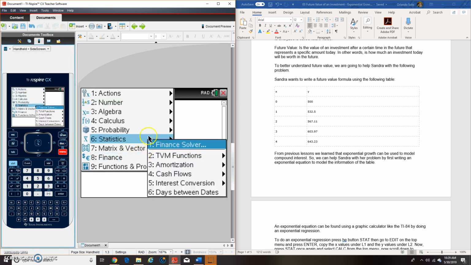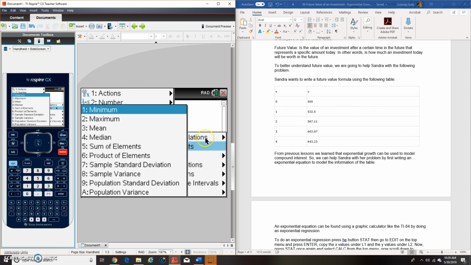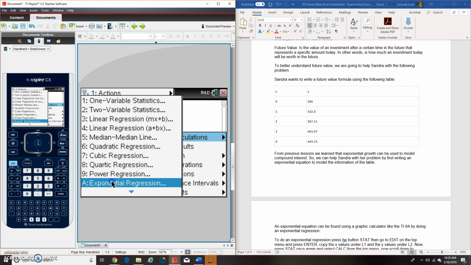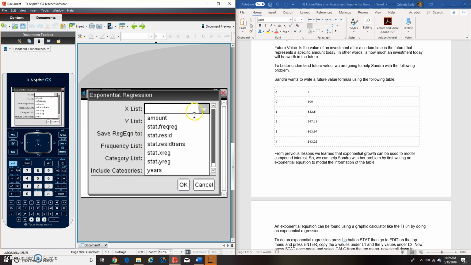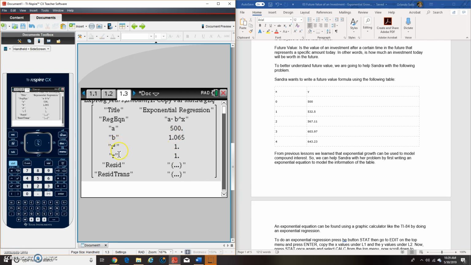Now that we've analyzed the graph, I'm going to do the regression. I'm going to do an exponential regression, which is option A here on the regular calculator. We're going to take the X list, which is years, and then the amount for our Y. And of course, our R, which is our correlation coefficient, is 1.